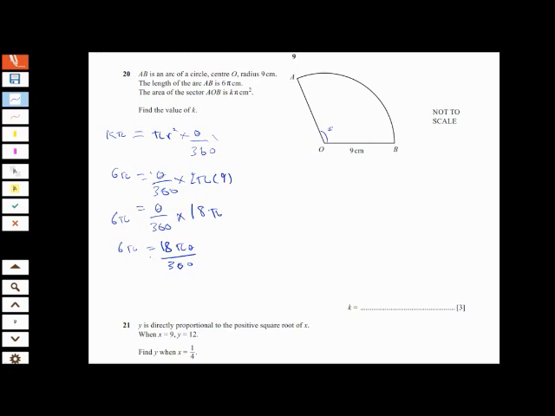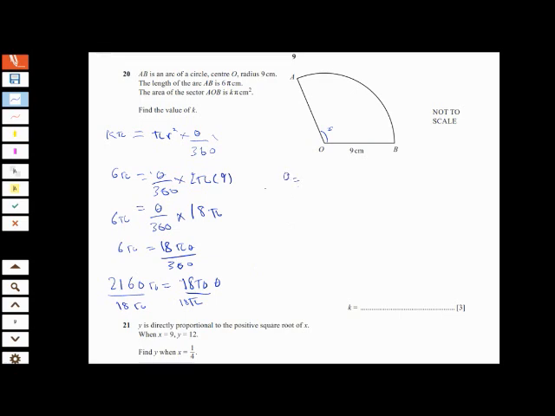Get rid of 360 by multiplying both sides. So 6 pi times 360. That would give you 2,160 pi equals 18 pi theta. Now in order to make theta alone, you divide by 18 pi both sides.